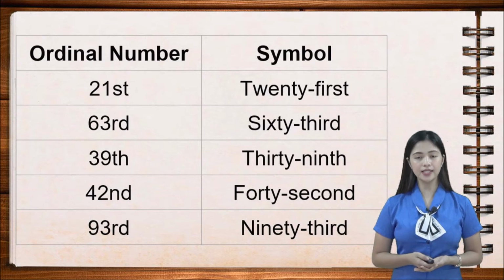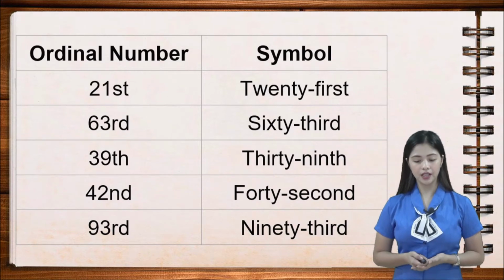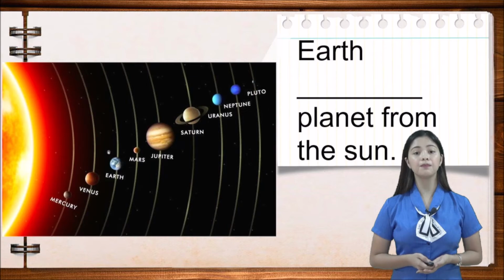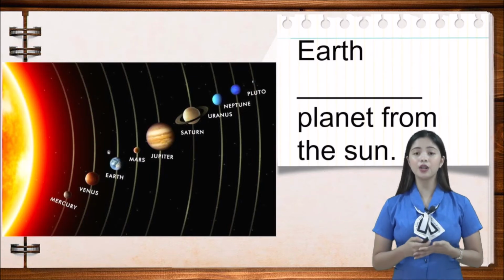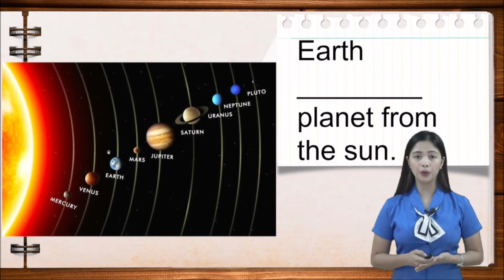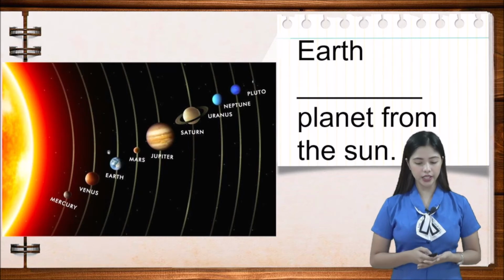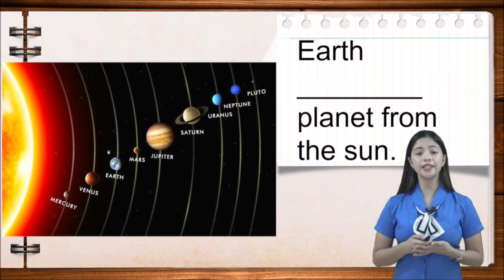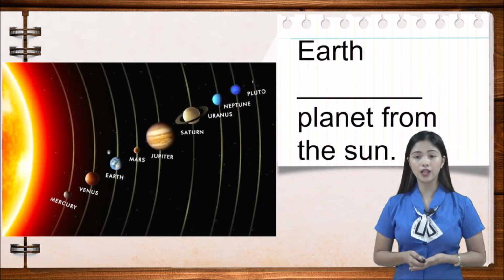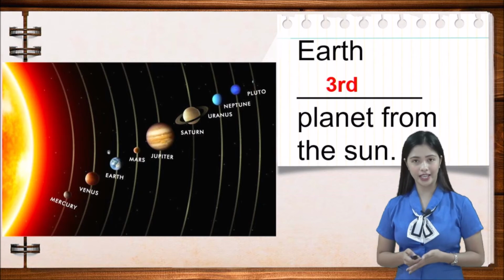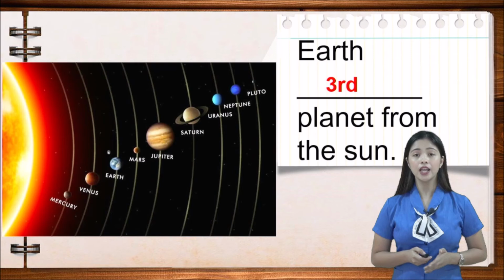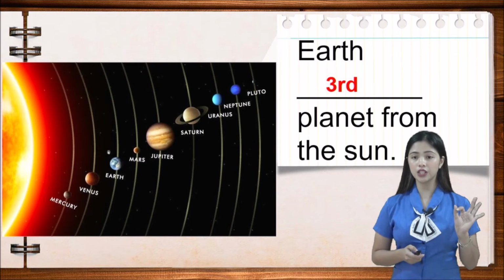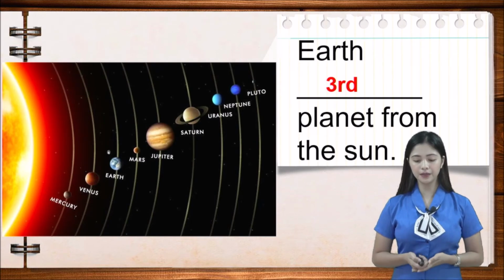So now, kids, let's answer your book. Look at this picture. So let's find what is the ordinal count of our planet Earth. In this picture, Earth is the third planet from the sun. If we are going to start counting from the sun, the Earth is on the third place or ordinal number.